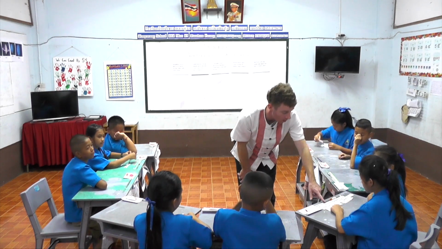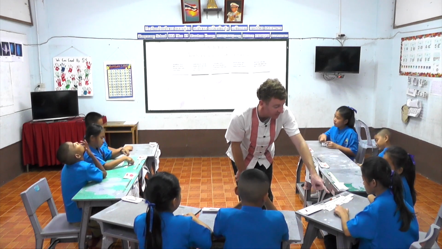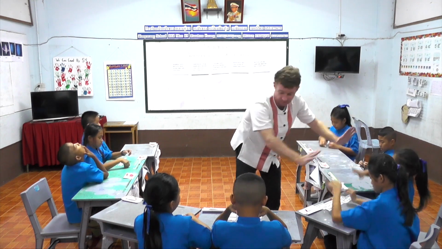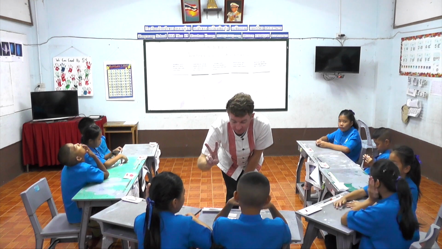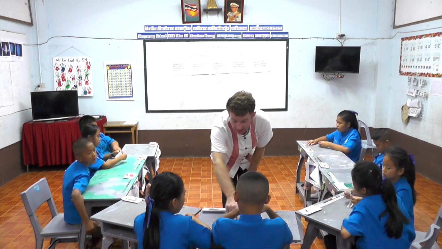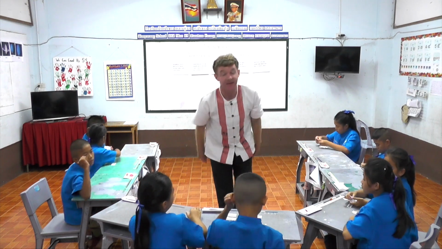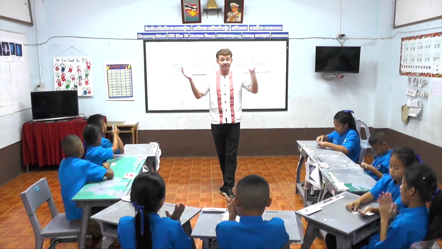Fish are cold-blooded animals that have fins and a tail. Brilliant. Birds have 2 legs, a pair of wings, and a beak. Brilliant. Guys, that was excellent. Very well done and very well spoken too, so excellent.